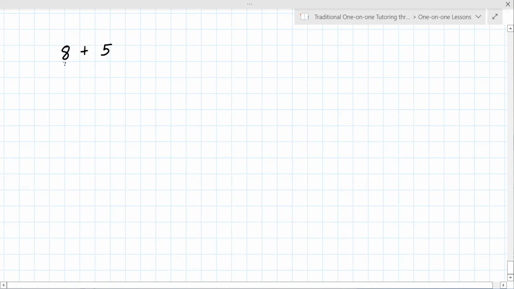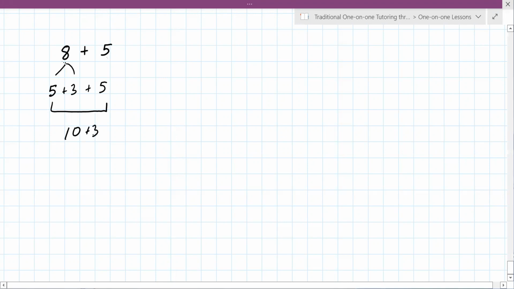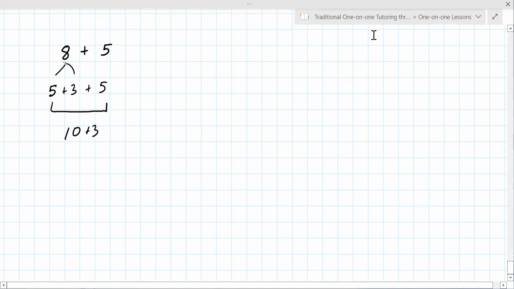So like 8 could be 5 plus 3, plus 5. And then 2 5s make a 10. 10 plus 3 is 13.